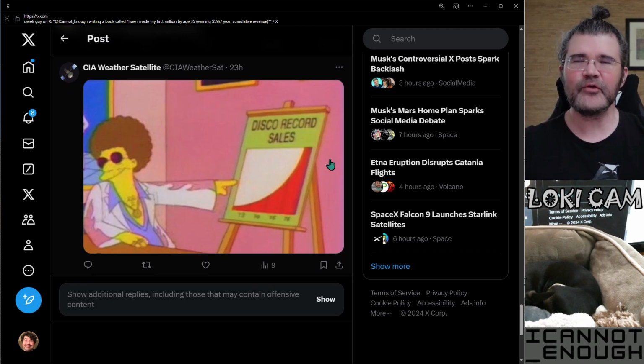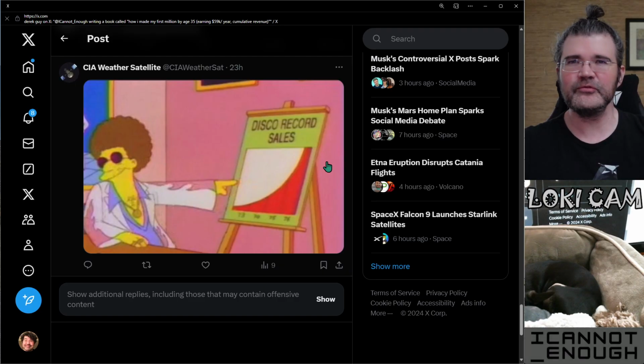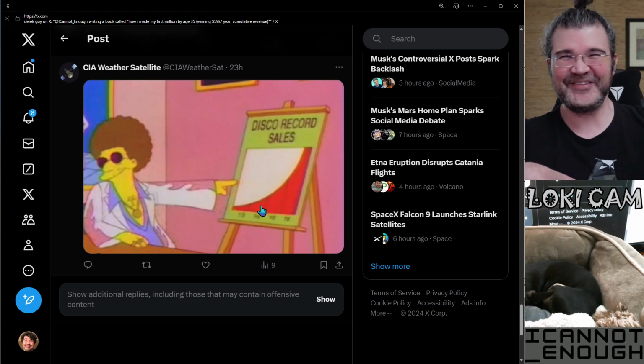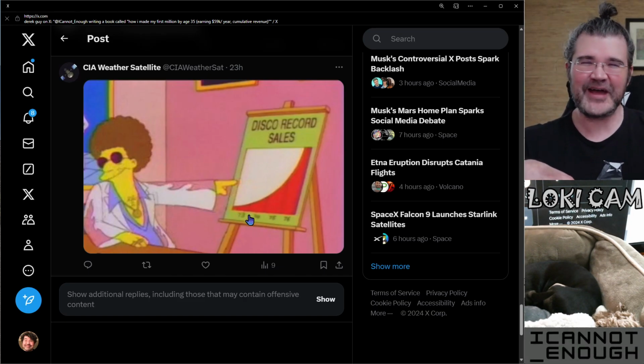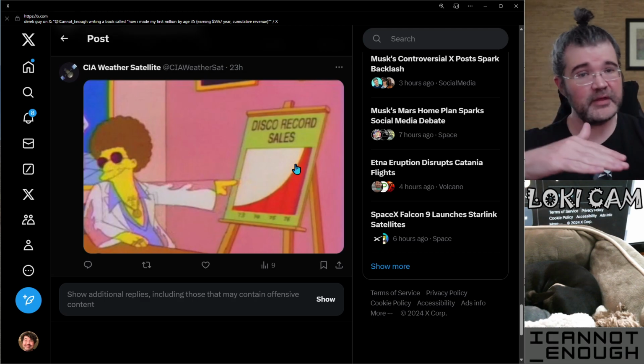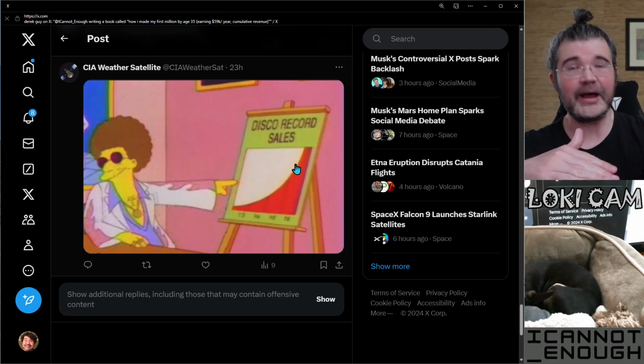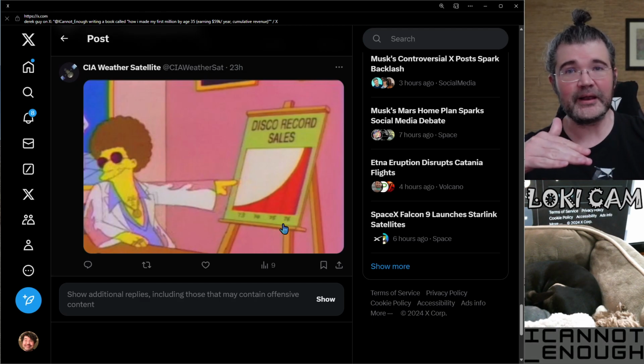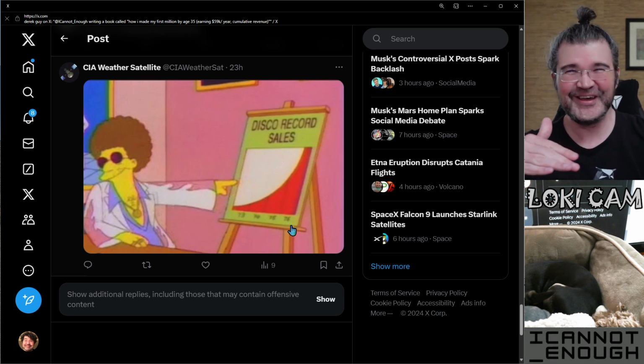This is funny. It's always funny when you see a Simpsons still image that bears some resemblance to a chart that you just posted. It's not exactly the same, but it's kind of the same. But in the case of disco record sales, the cumulative sales would have curved and gone the other direction, right? Because disco albums stopped doing well after 1976.